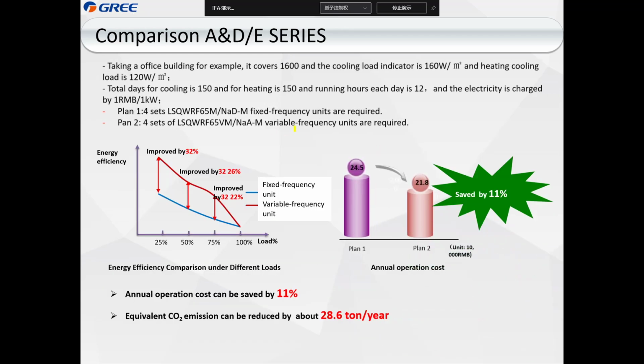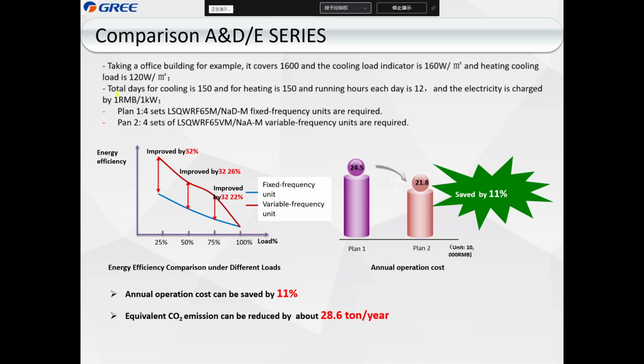And next, we make a comparison from the energy perspective. A and D and E. A is the inverter. D and E is the fixed frequency. In this case, we make a comparison taking an office building, for example. It covers 1,600 square meters and the cooling load indicator is 160 watts per square meter.